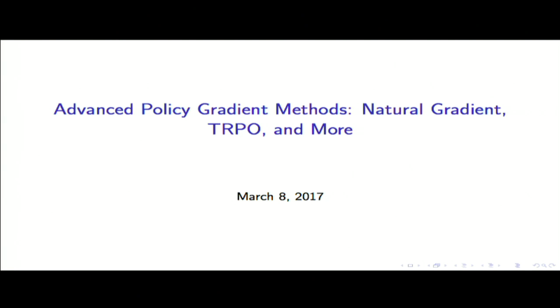Then we talked about methods that try to learn a Q function, in particular approximating Q star, the Q function of the optimal policy. Then Chelsea had a bunch of classes on model learning and so forth. But this is going to be back in the same genre as the policy gradients and the Q learning classes that I did a few weeks ago. We're going to talk more about model-free reinforcement learning methods.